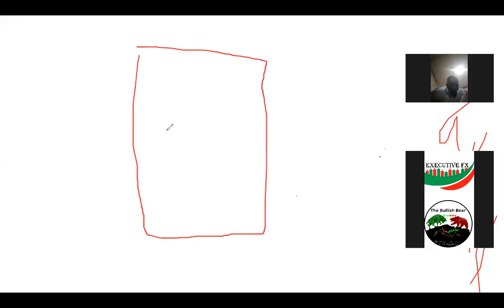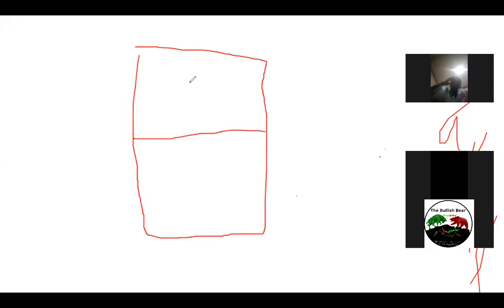Now, this is exactly how it looks. Let's take, for instance, we're working on our phones. I'll draw your phone like this, and like this. We divide it into two. Here is your chart and here is your indicator. Now in your indicator, you have it like this, and you also have it like this.